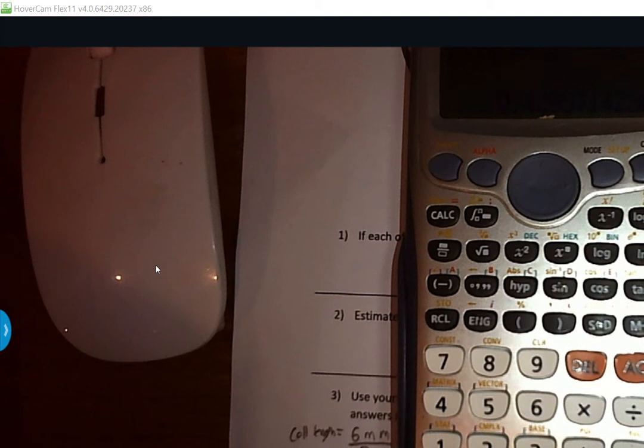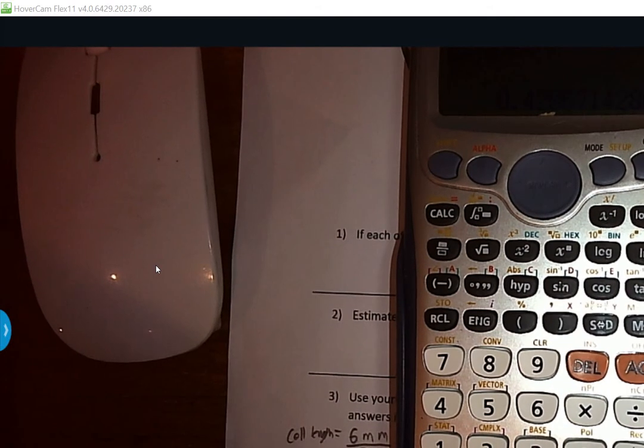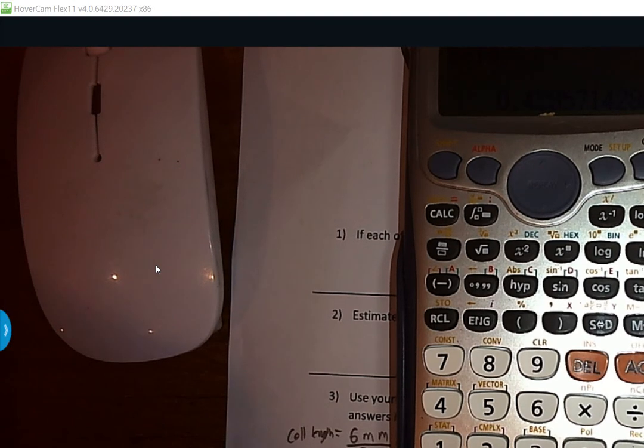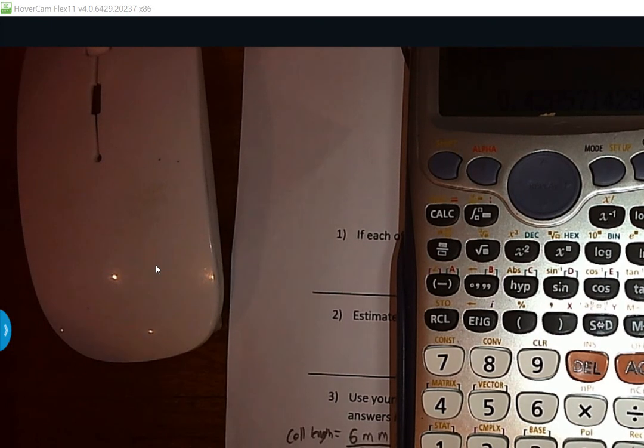So 0.428 millimeters. And so, by the way, it's not the cell length, I'm actually doing the cell width in this case.